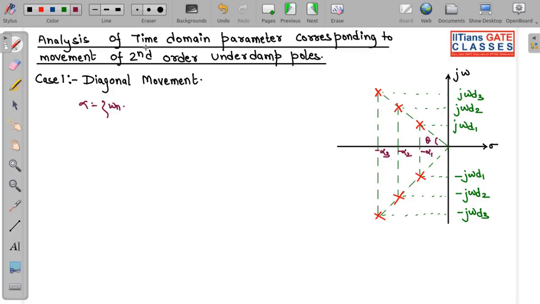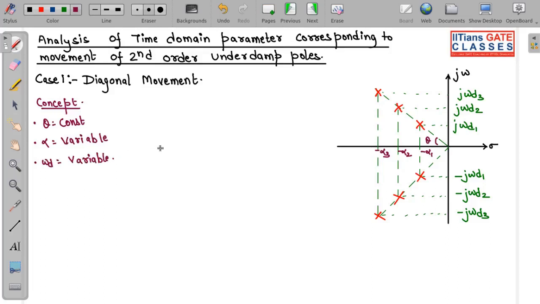Let me start writing the concept over here. What is the concept? Theta is constant. Alpha is variable and omega d is also variable.